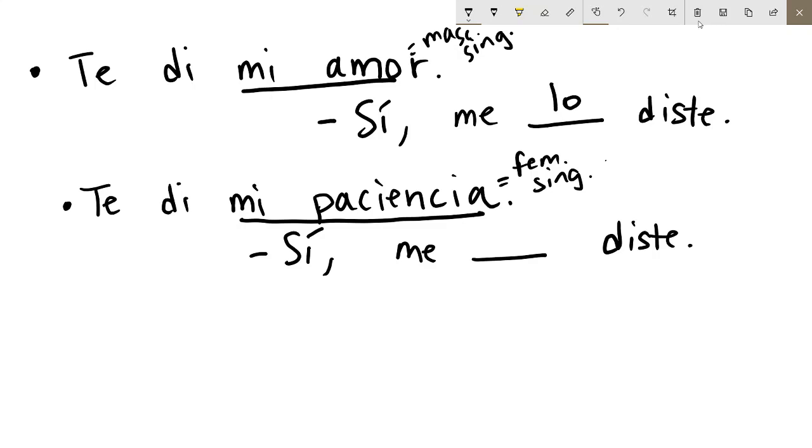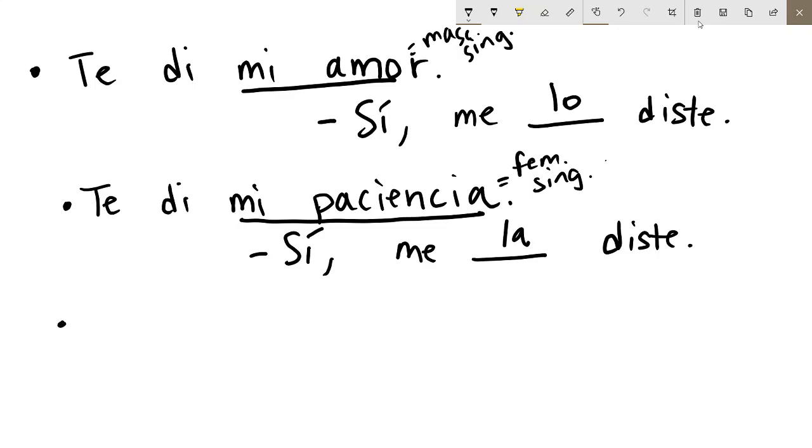So what do you think would fill in the blank given that mi paciencia is a feminine singular noun? It would be la, me la diste. The la saying, yes, you gave it to me. That it being patience. You gave me a lot of patience. You were very patient with me. Okay?